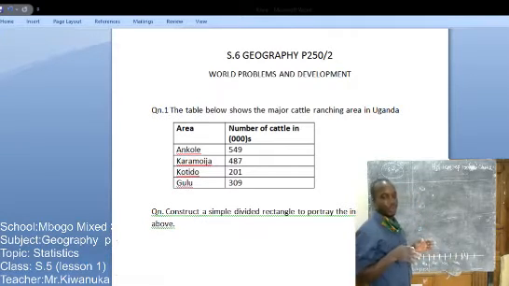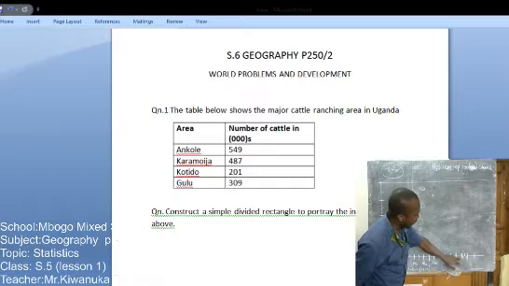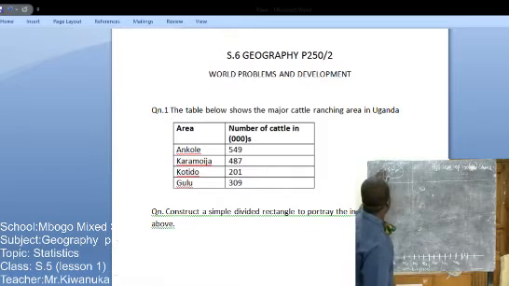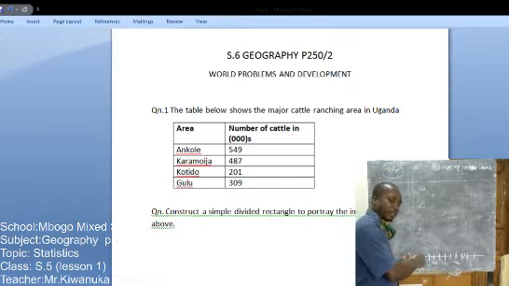I put in between because this is 1,500, 1,520, 1,540, 1,560, and 1,546 is in between 1,540 and 1,560.